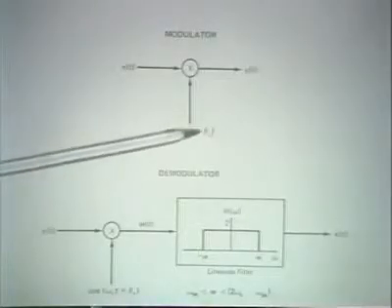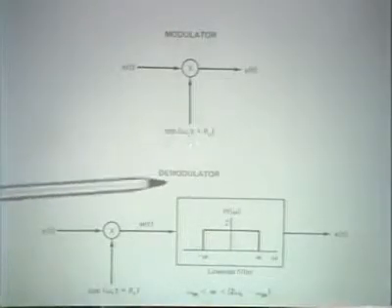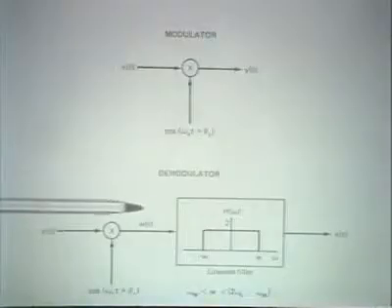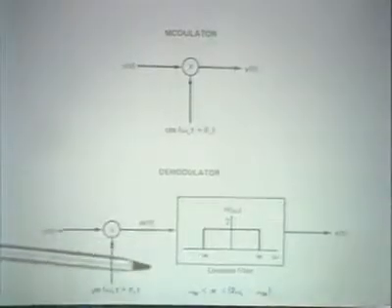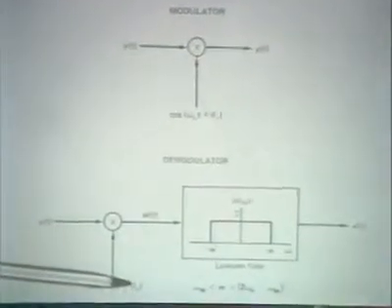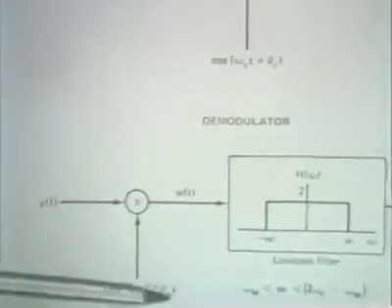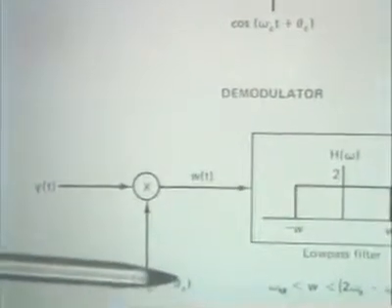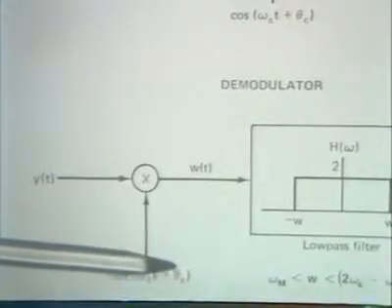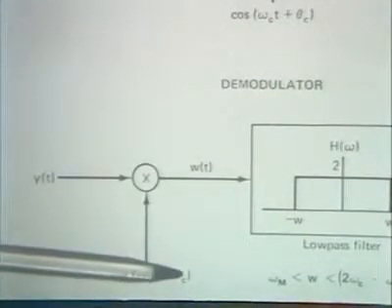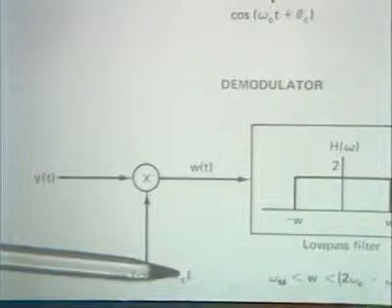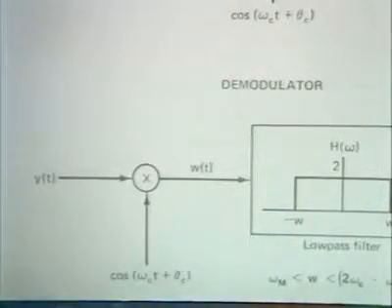The phase here is indicated as theta sub c, and if we take a look at the demodulator, it has a phase of theta sub c. And in general, there's the issue of whether we can maintain that synchronization between the modulator and demodulator.